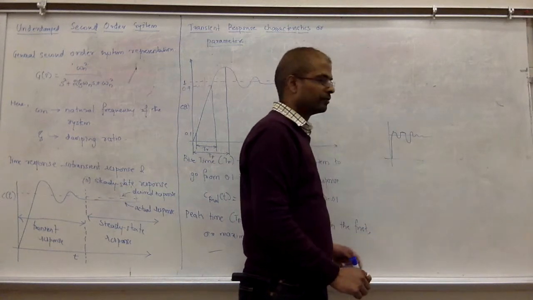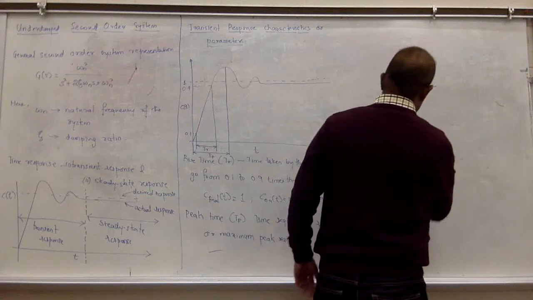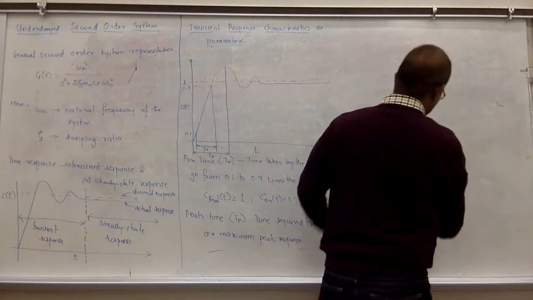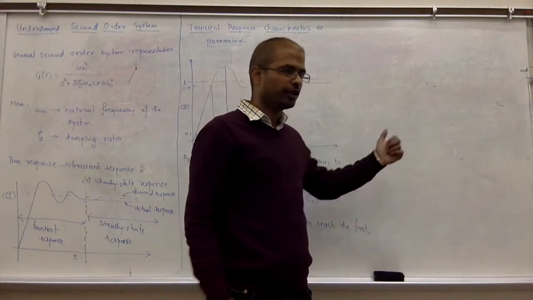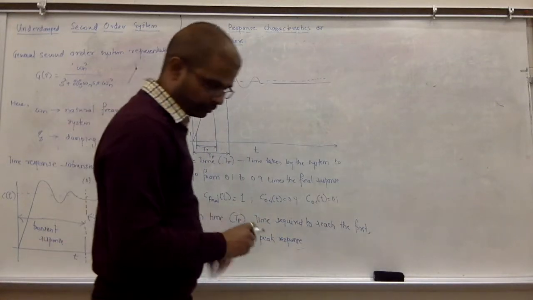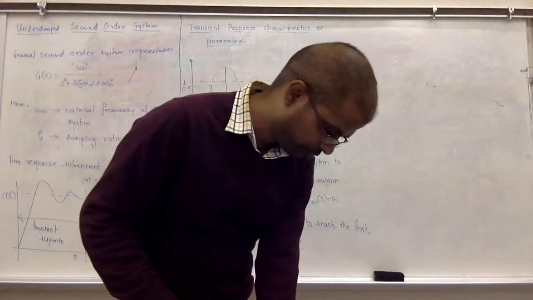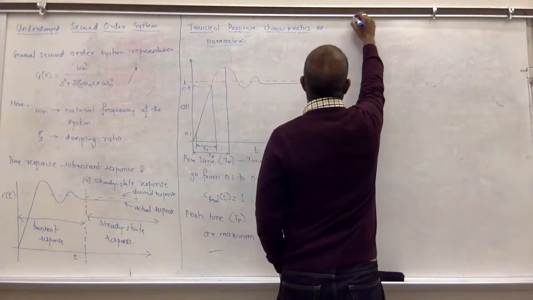Well, that third one is really tall. Right. But if you assume that all three are the same size, then you take the first one. The other one is percentage overshoot.